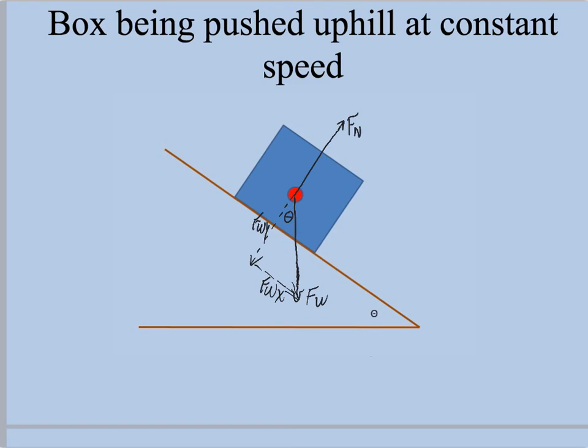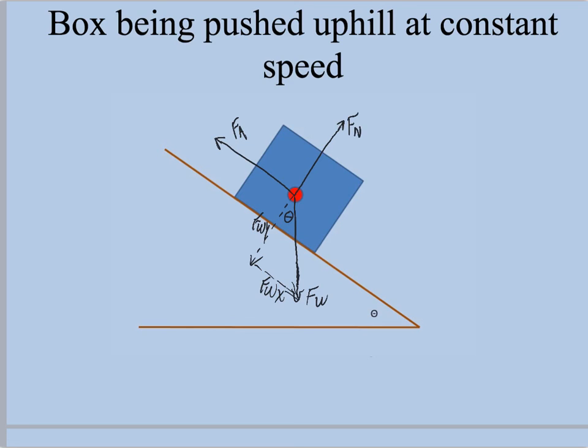Box being pushed up the hill. Well, if I'm pushing the box up the hill, I'm going to be pushing it with an applied force. So I'm going to push up the hill with an applied force. Well, which way is friction going?